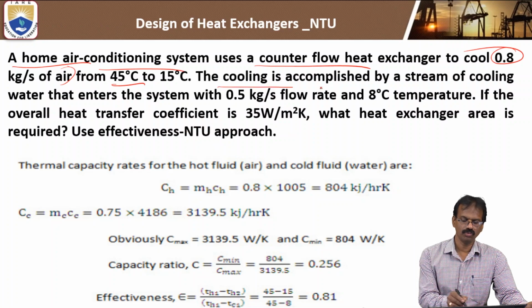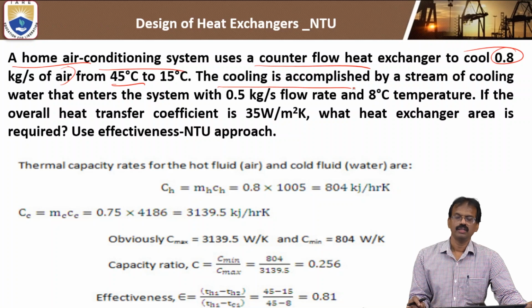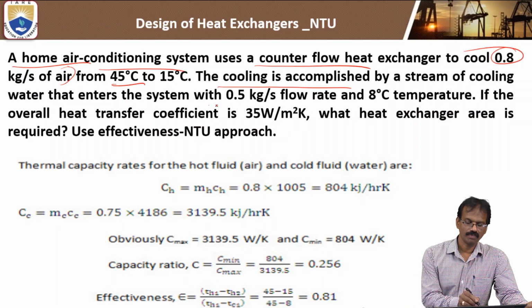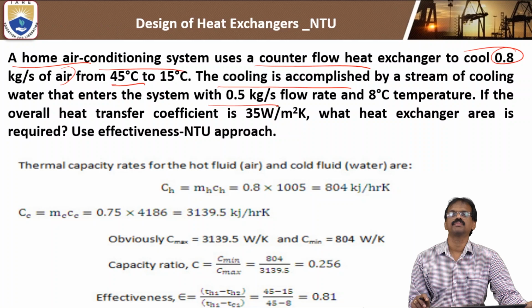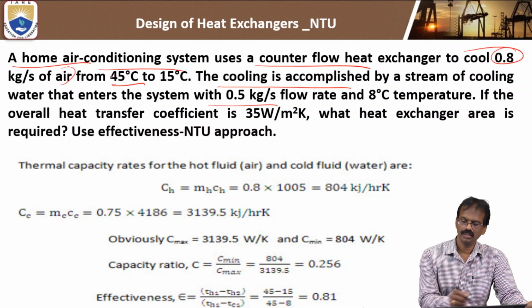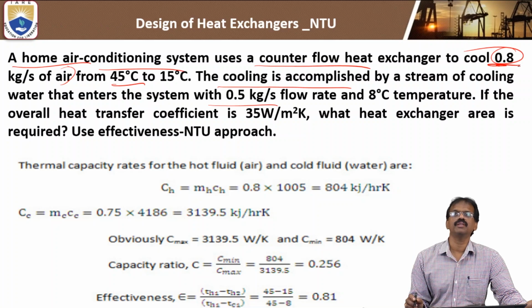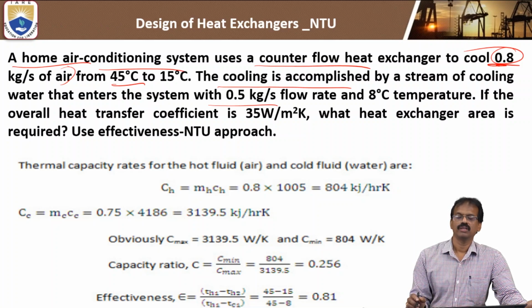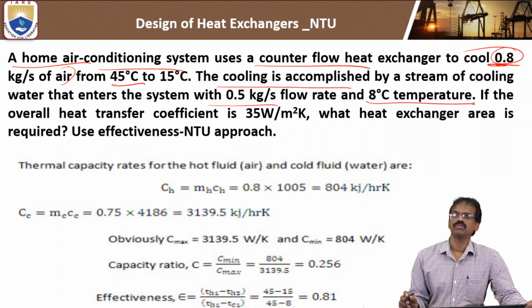Next, the cooling is accomplished by a stream of cooling water that enters the exchanger. The mass flow rate of the water is also given, 0.5 kg per second, along with the mass flow rate of the air. It enters at 8 degrees Celsius. Okay.